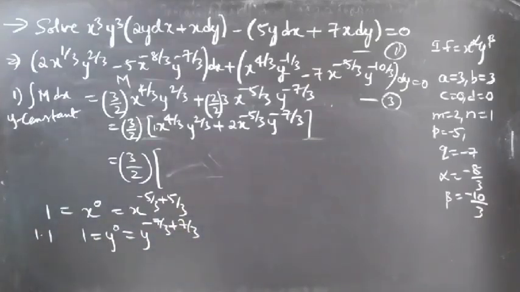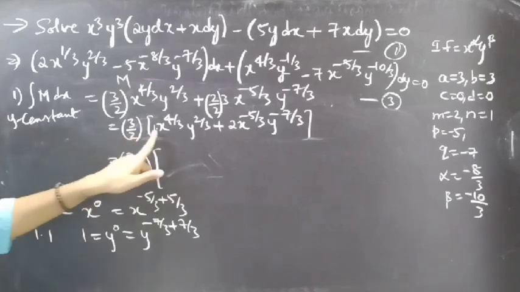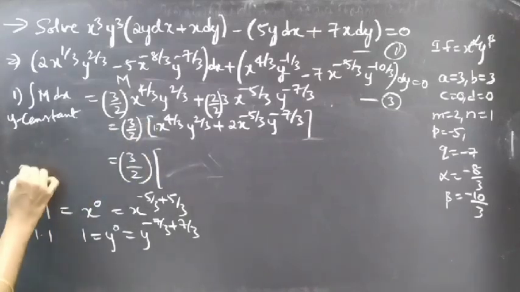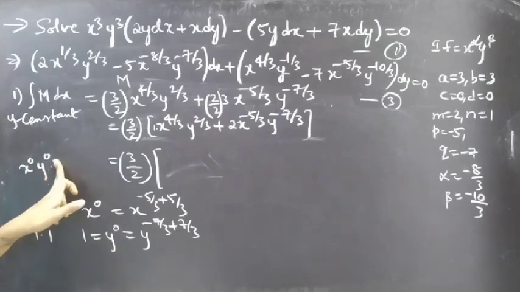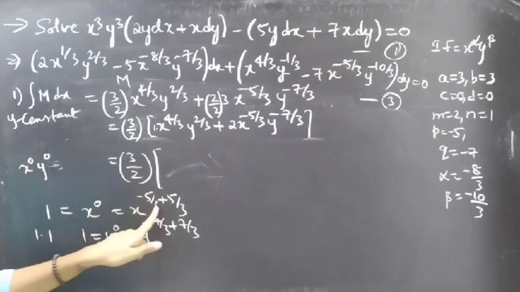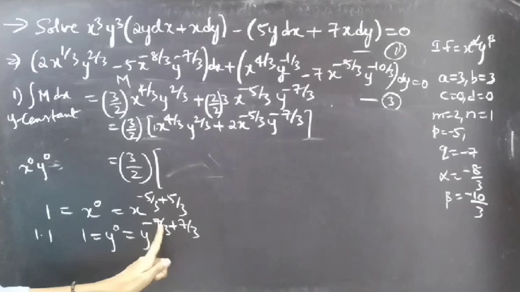Okay, so now we'll replace this 1 as x to the power 0 into y to the power 0, or simply x to the power minus 5 by 3 plus 5 by 3 into y power minus 7 by 3 plus 7 by 3.